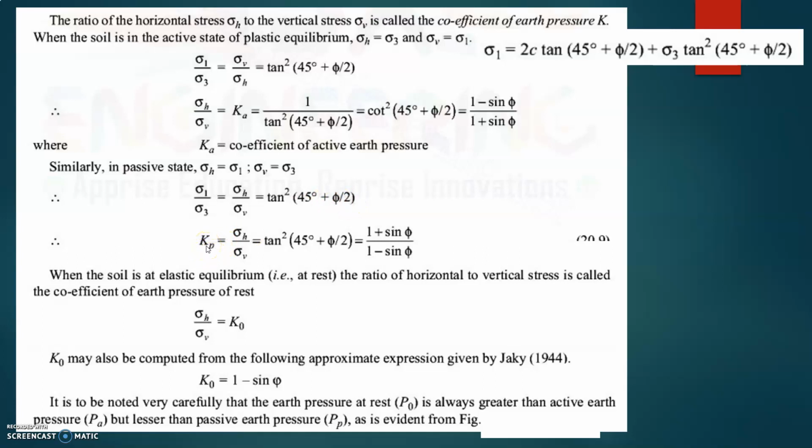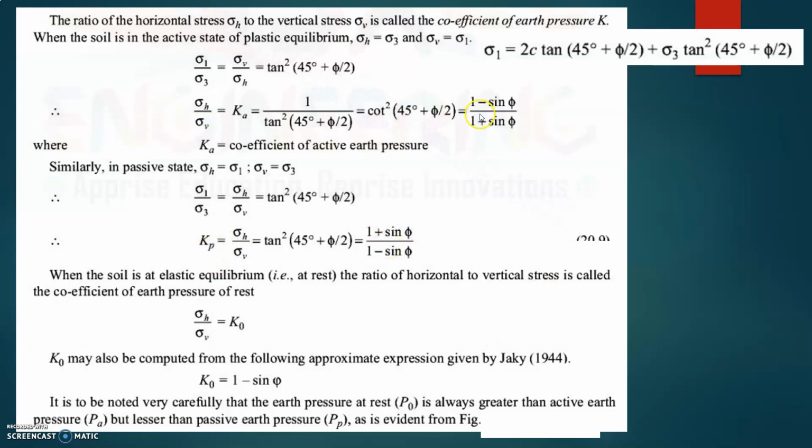Now we have to write the equation in terms of passive earth pressure. So Kp is the ratio of horizontal stress to vertical stress, that is sigma h divided by sigma v, equal to tan square (45 + phi/2). That is nothing but (1 plus sin phi) divided by (1 minus sin phi). Okay, so this is Kp.